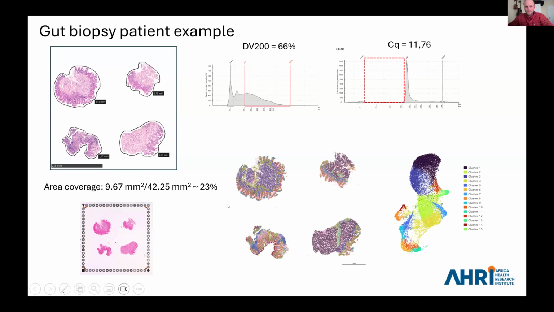So it's really nice in this case. Each of these patients had undergone different treatment times of ART, and therefore we can essentially compare different treatment times and look at different cell populations or phenotypes expressed in these different gut biopsies.